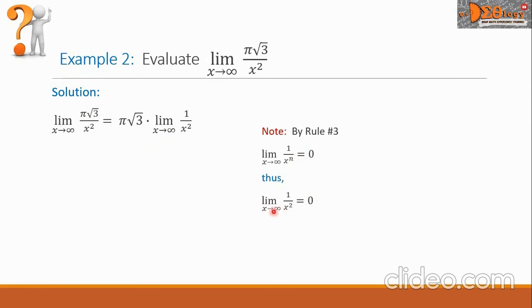It means the limit of 1 over x squared as x approaches infinity equals 0. And we will substitute this value 0 for the limit here. So we have pi square root of 3 times 0. And the final answer is 0.